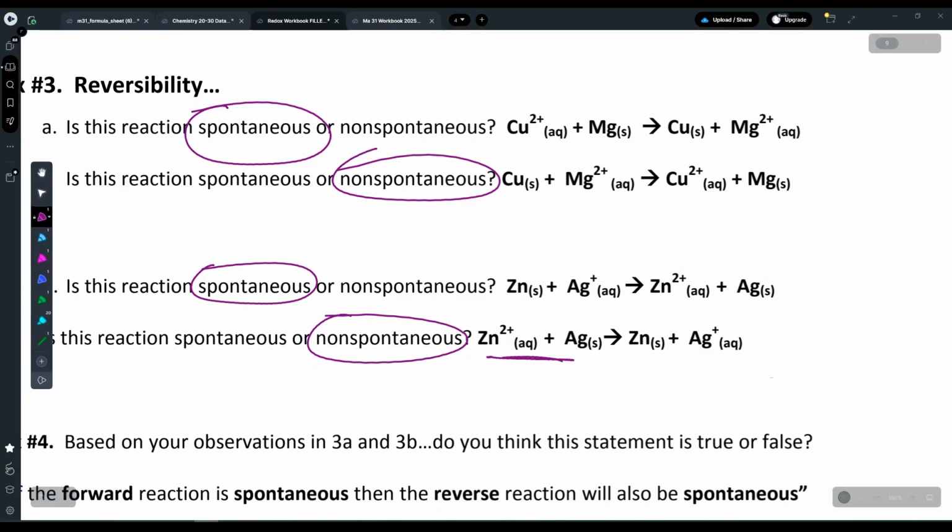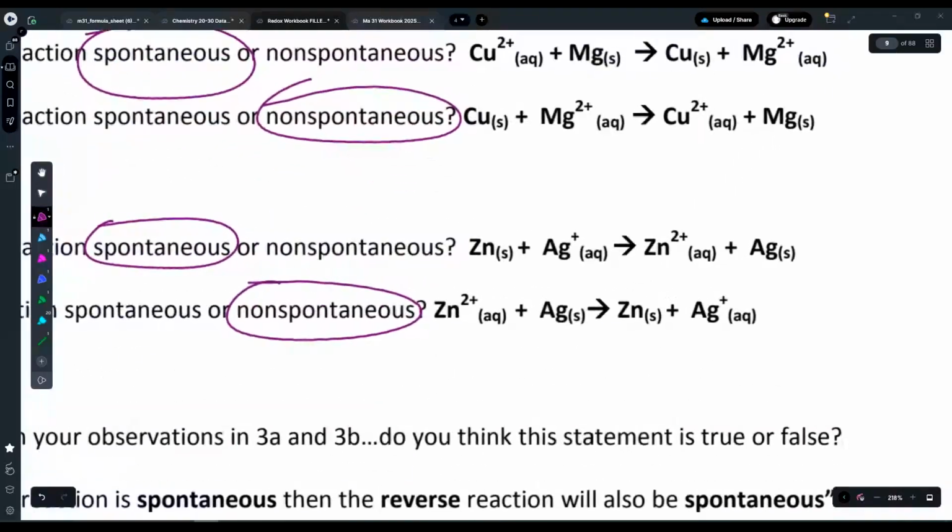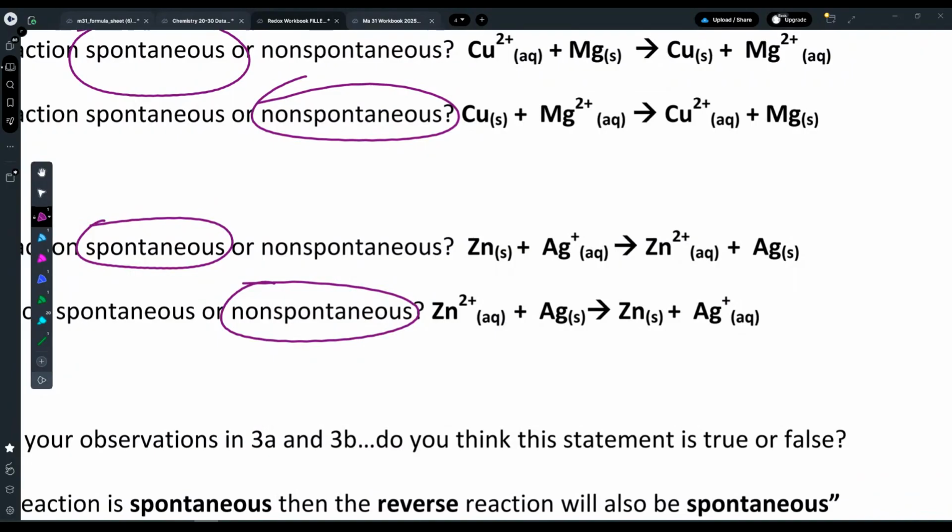When we have a reaction going from solid zinc reacting with silver ions, that reaction is a spontaneous one. But if we try and go backwards, with our zinc ion and our solid silver producing solid zinc with silver ions, that's going to be a non-spontaneous reaction. So you could think of these as the same reaction.